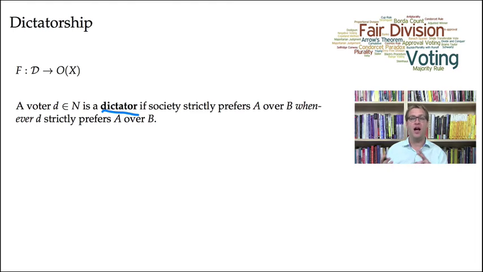But society sides with D in that case. Society also sides with D in the case in which D strictly prefers A to B, and everybody else has a differing opinion. Then society still sides with D.